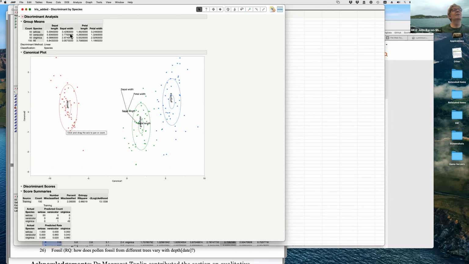Width is 3.4, 2.8, and about 3, petal length, and so on. You can see the petal length shows a very big difference between the setosa and the other 2, and the petal width also shows a very big difference, right? And you can see that the sepal width and length, the differences don't appear to be as clear.